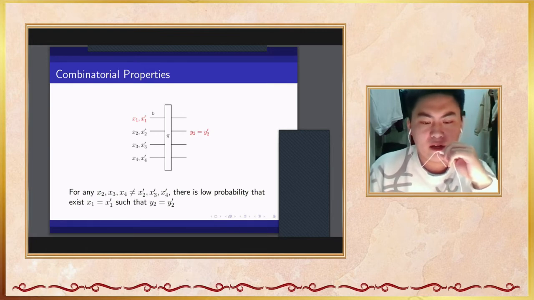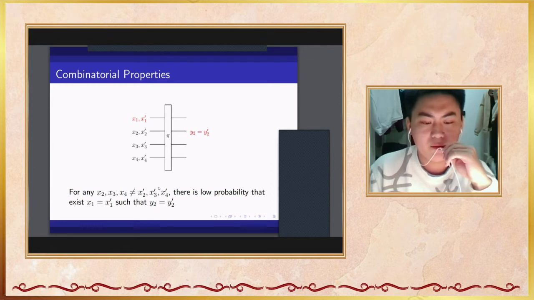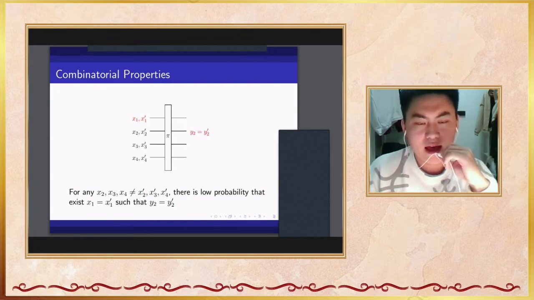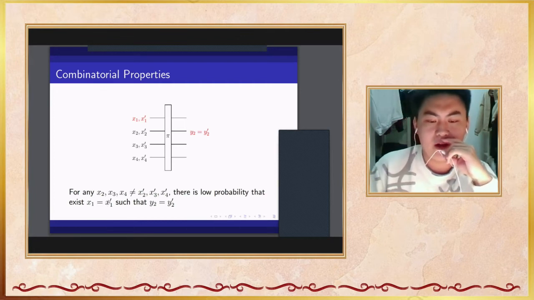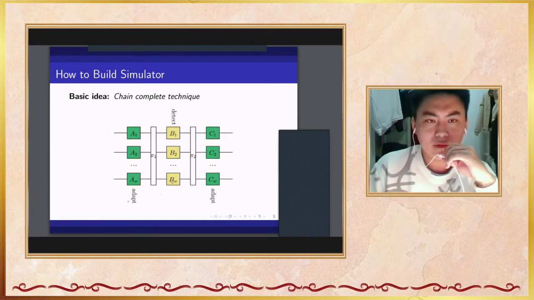Here is another property. x2 prime, x3 prime, and x4 prime are other inputs. For any x2, x3, x4 not equal to x2 prime, x3 prime, x4 prime, there is a low probability that there exists x1 equal to x1 prime such that y2 is equal to y2 star.